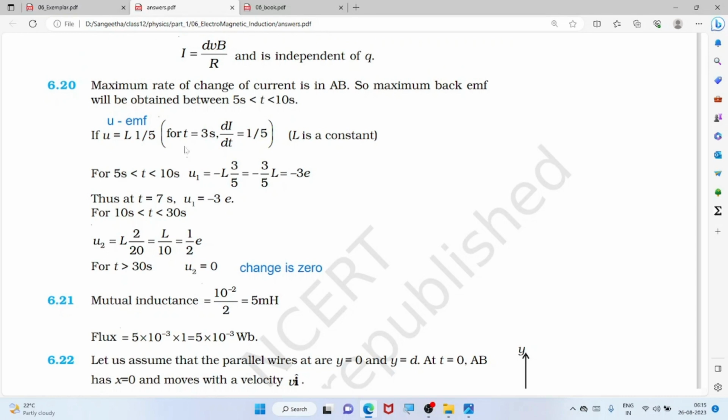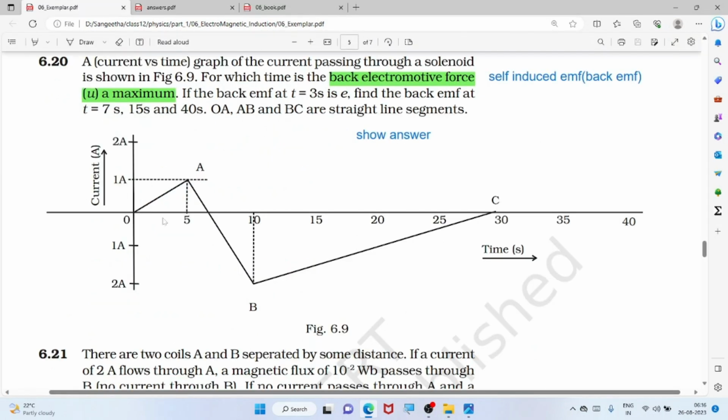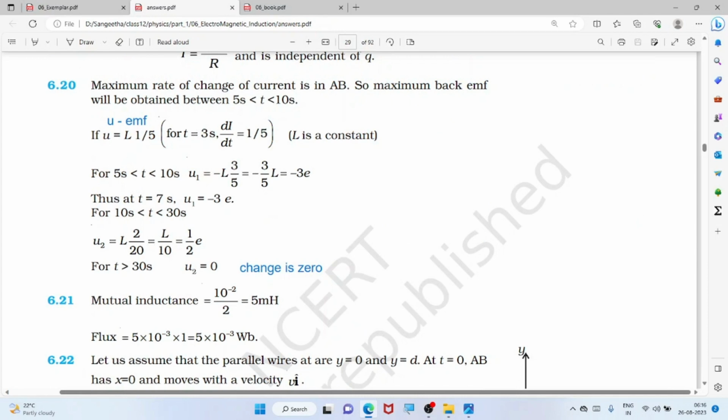At 3 seconds, di by dt is 1 by 5. Rate of change of current is 1, time is 5. So 1 by 5 di by dt gives 1 by 5 L. This rate of change is constant from 0 to 5, so everywhere it will be 1 by 5, giving L by 5.